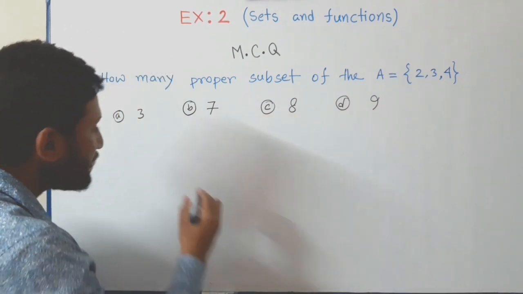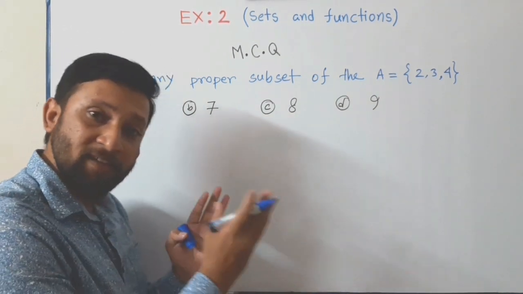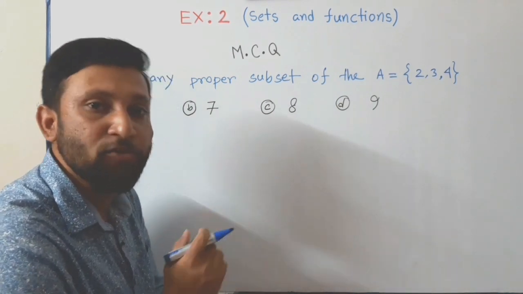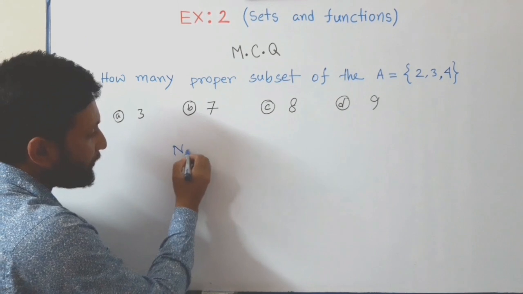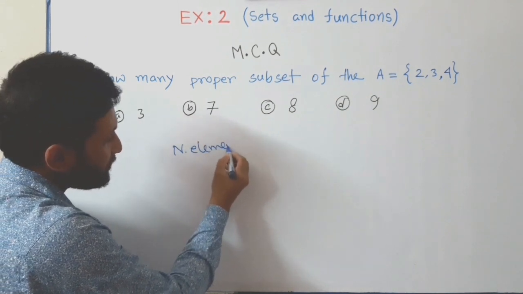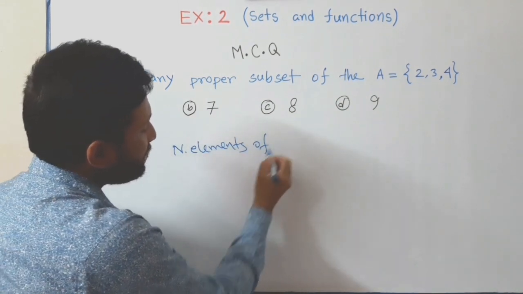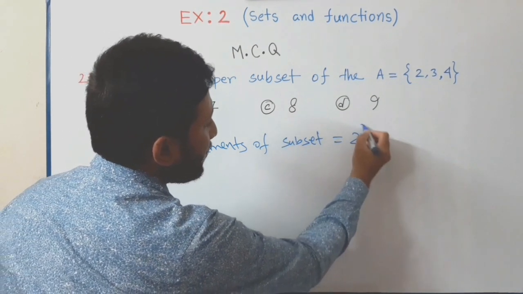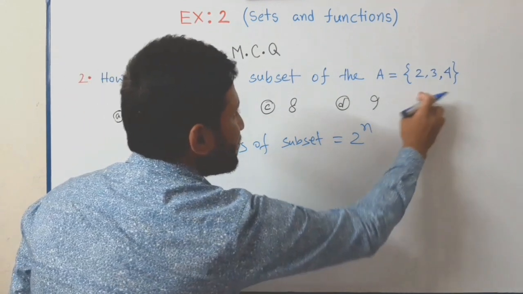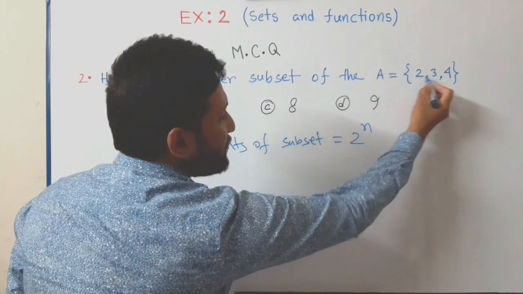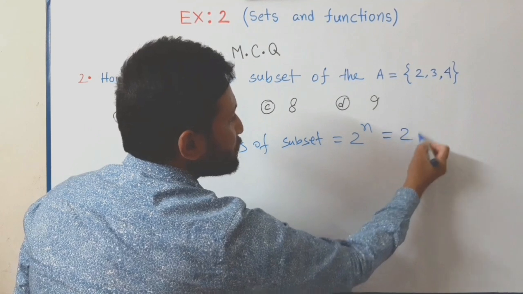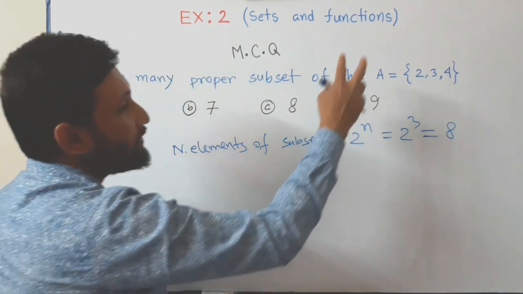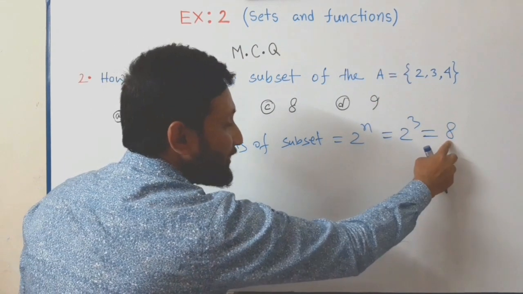We already know the number of elements of a set and the number of subsets maintain a definite rule. The number of subsets follows the rule 2 to the power n, where n is the number of elements of this set. Here the number of elements of set A is 3, that means 2 cube, that means 8. So the number of subsets of this set is a total of 8.